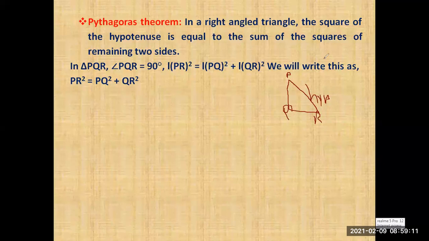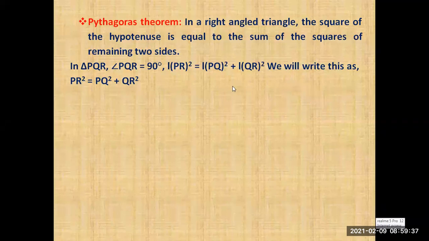According to this theorem, the square of the hypotenuse is equal to the sum of the squares of the remaining two sides. So we write PR square, hypotenuse, is equal to the square of one side plus the square of the other side. In this way, we are applying the Pythagoras theorem.